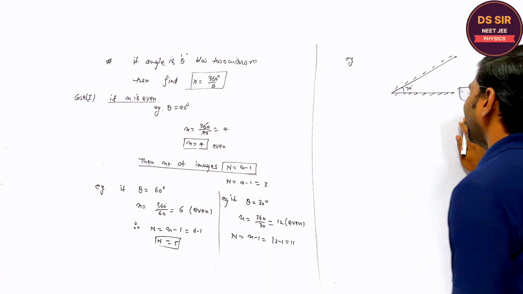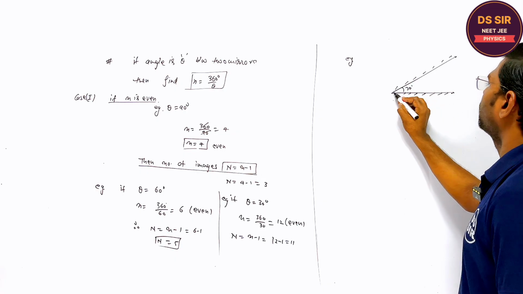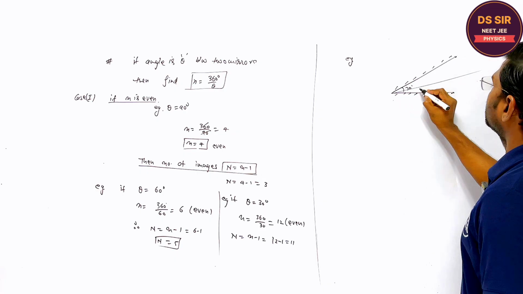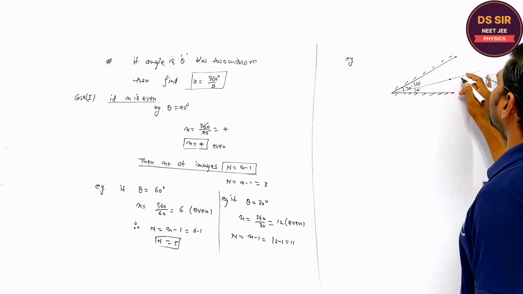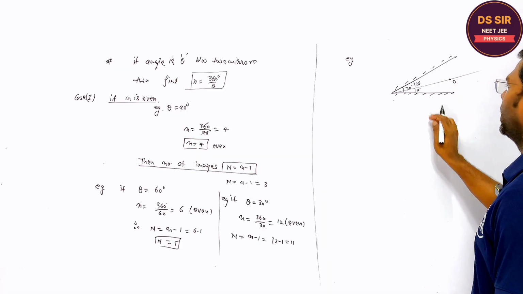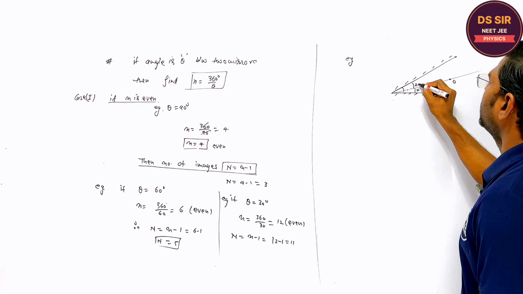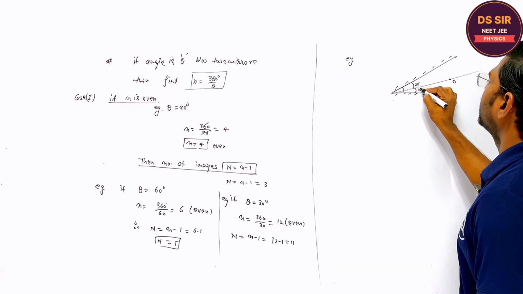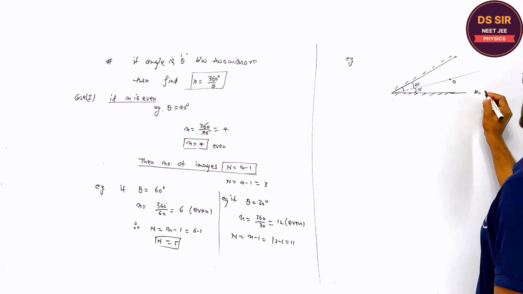At any point, the object may be placed. For example, this is 10 degree and this is 20 degree, and the object is placed over here. This is the mirror M1 and the mirror M2.